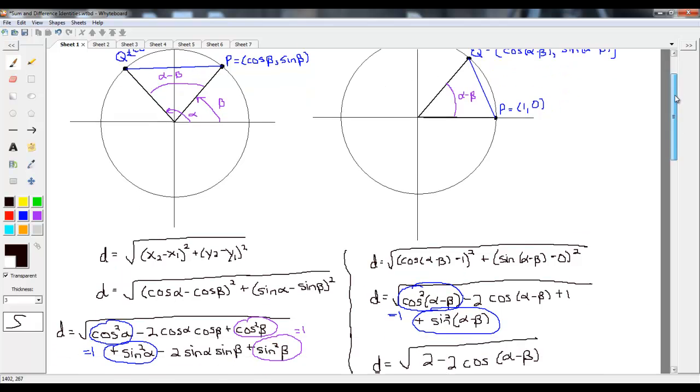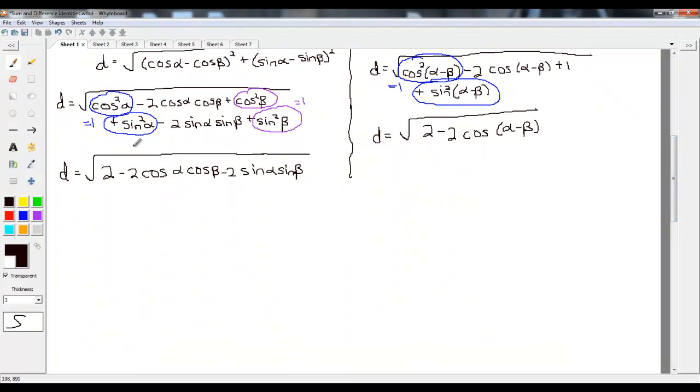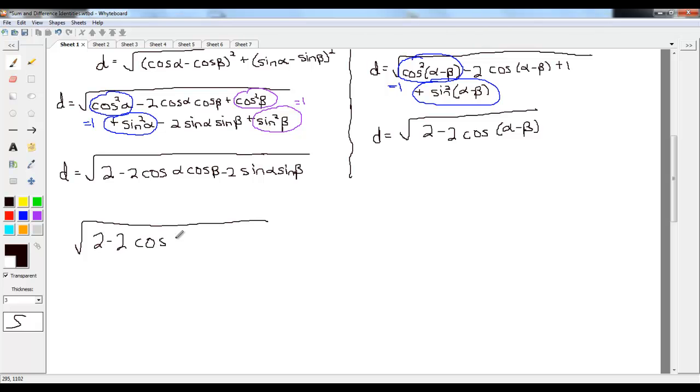So what we can do now is take this side and set it equal to that side. Take square root of 2 minus 2 cosine alpha cosine beta minus 2 sine alpha sine beta.